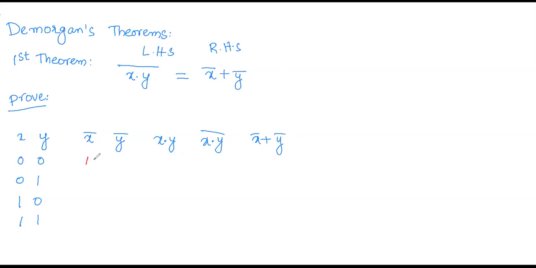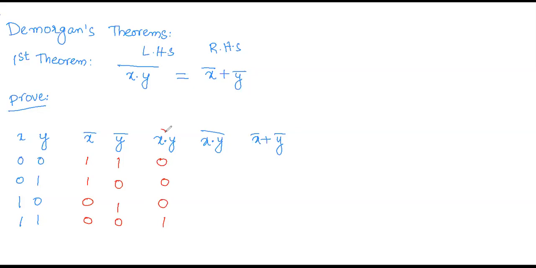If x is 1, x complement is 0. Similarly, write down for y: 1, 0, 1, 0. Now do the Boolean product, x into y. 0 into 0, 0. 0 into 1, 0. 1 into 0, 0. 1 into 1, 1.